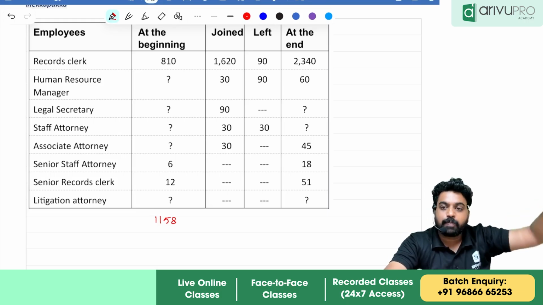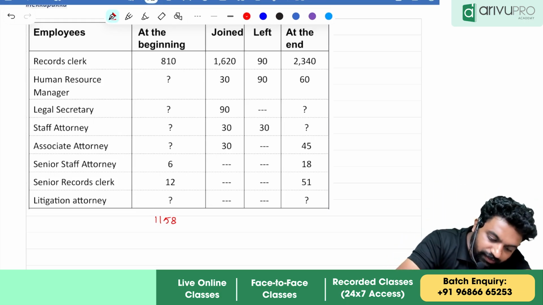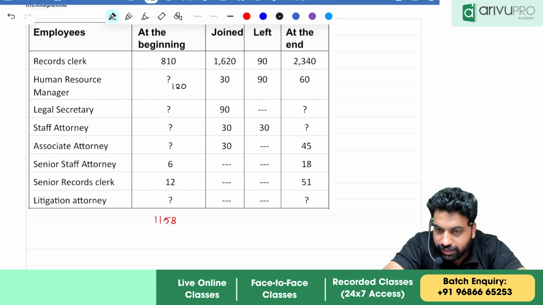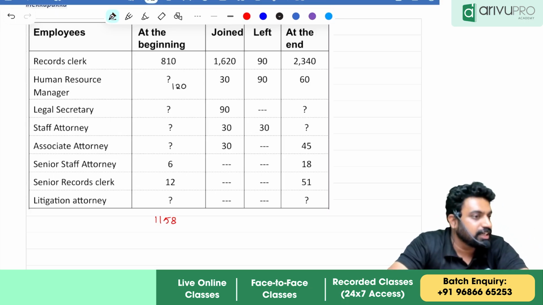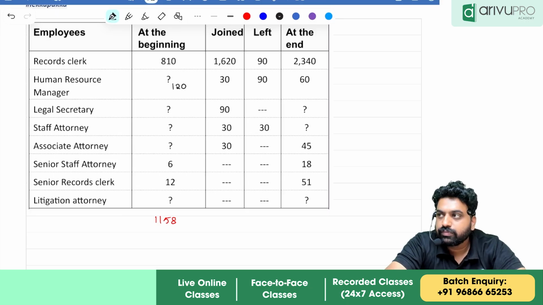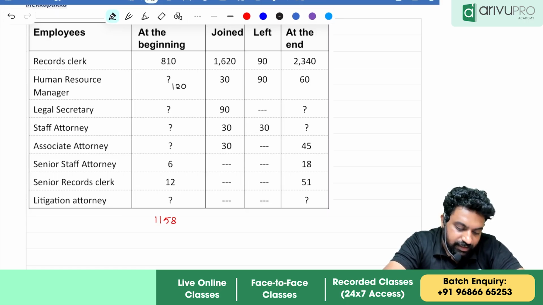Yes? How much was opening? 120. Opening was 120. So 30 newly joined, it became 150, 90 left, so the balance became 60. Reverse calculation. Done. Next.